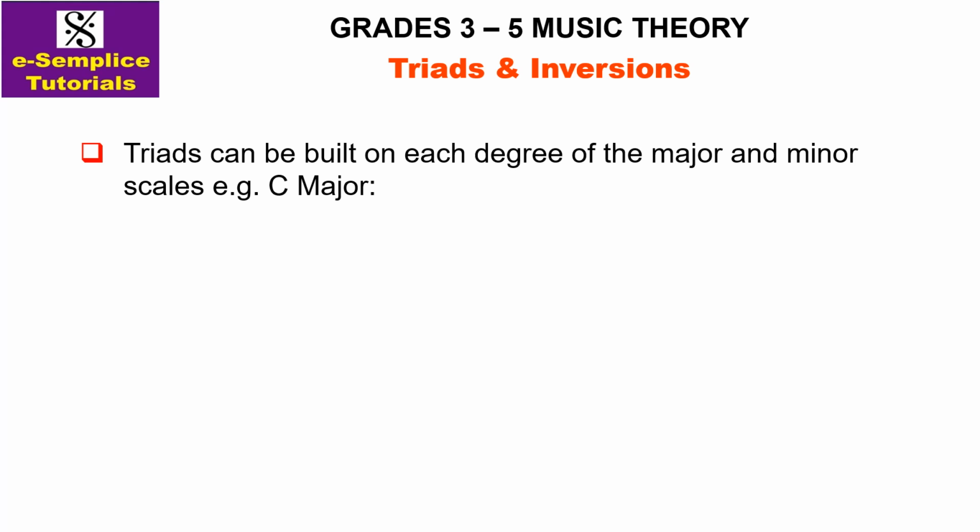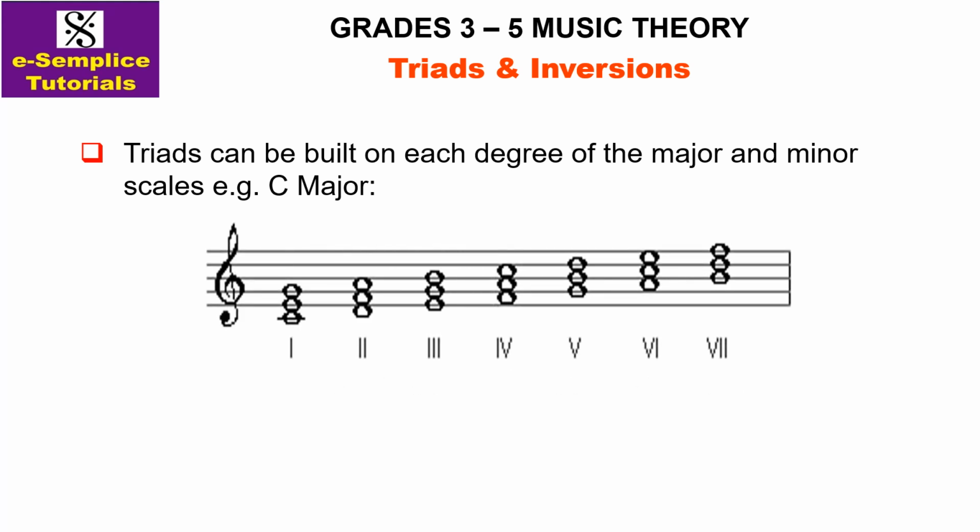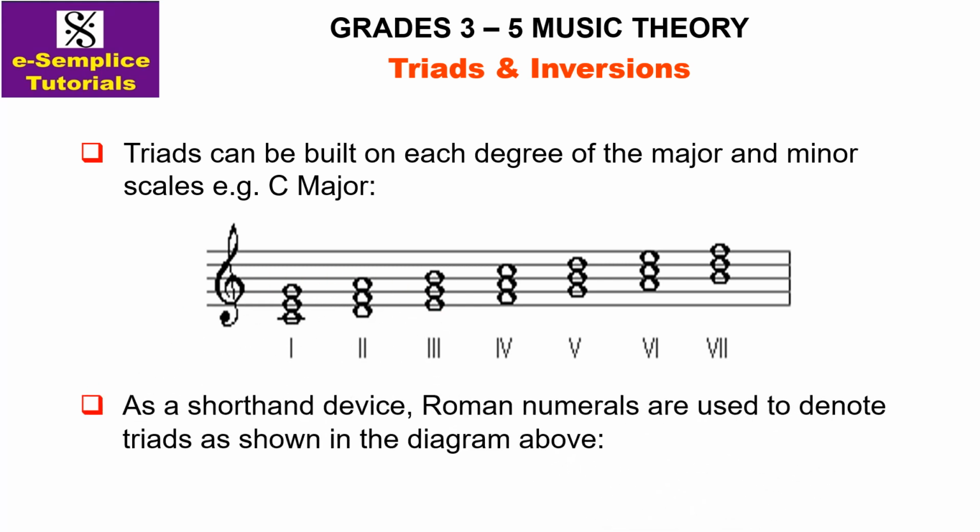Triads can be built on each degree of the major and minor scales. Of course, let's look at an example using C major. You'll notice that Roman numerals, caps, are used as a shorthand device.